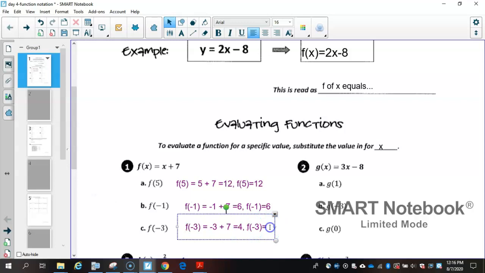So f of -3 equals 4, or when x is -3, y is 4. Let's do one more example from these algebraically, and then we're going to jump to the calculator.